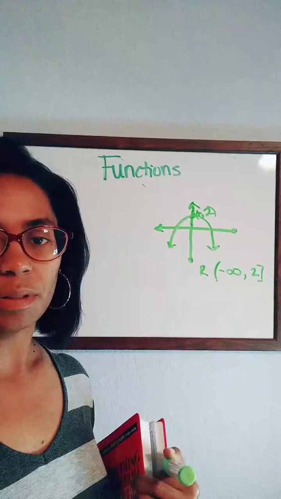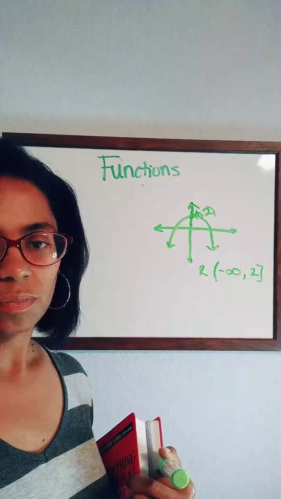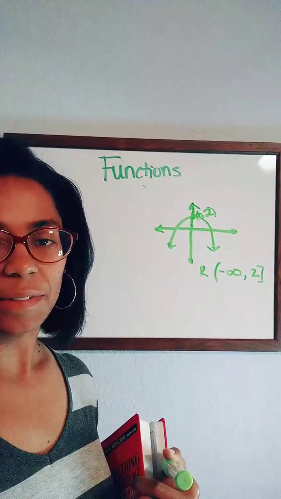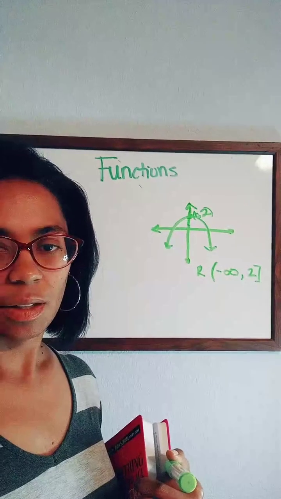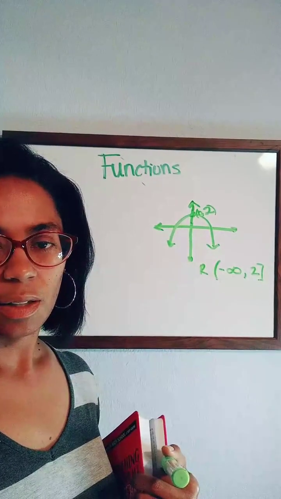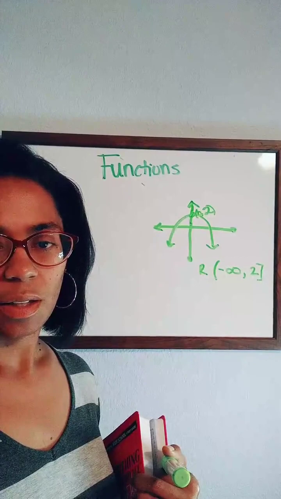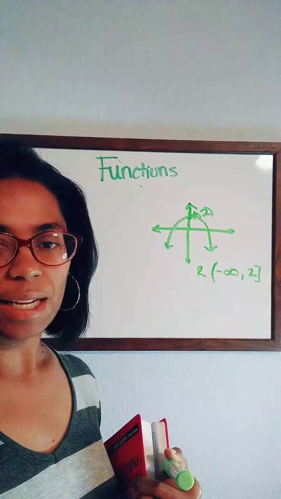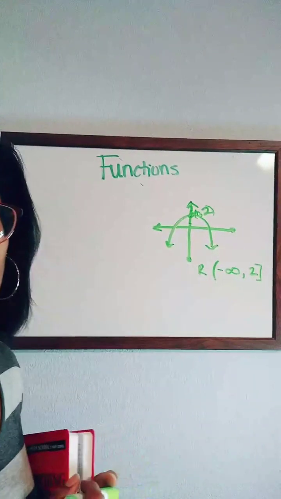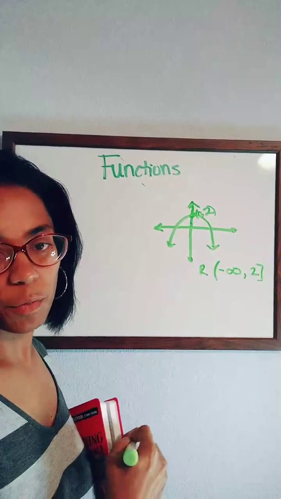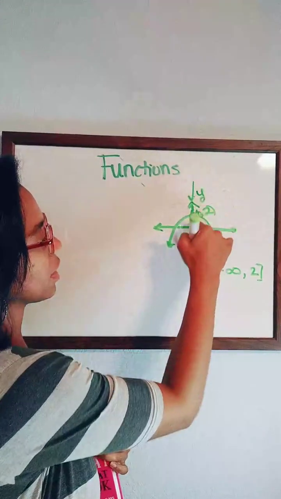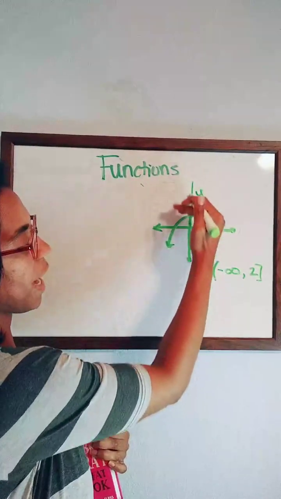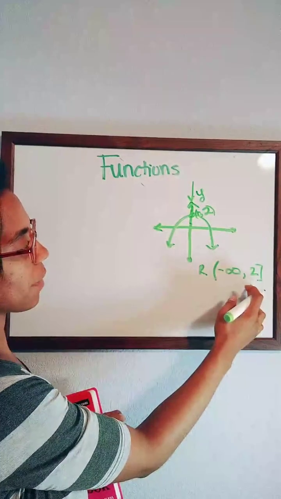Yeah, this is a parabola. Negative infinity to 2. Yep. So not for the range, it's a bracket because it's a point. Right. So look, the range is your y values. Your range, it stops. It doesn't go any higher than positive 2, so it stops.